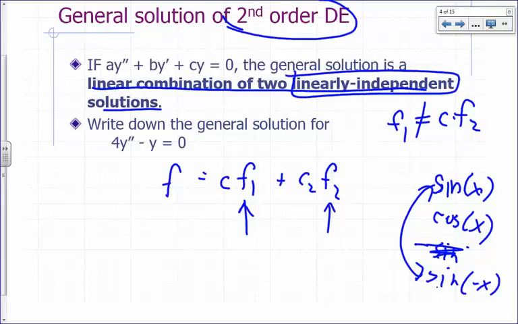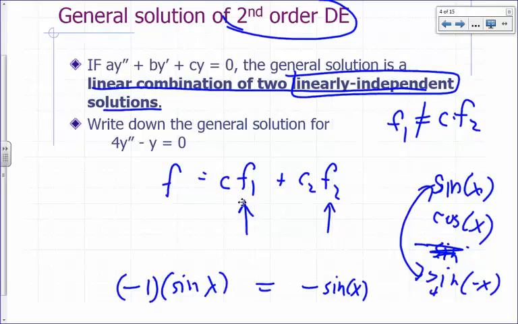But what is sine of negative x? Negative sine of x is just a constant times sine x. See? They're not linearly independent. So in other words, to get the general solution of a second-order differential equation, you have to find two linearly independent solutions and take a linear combination of the two.